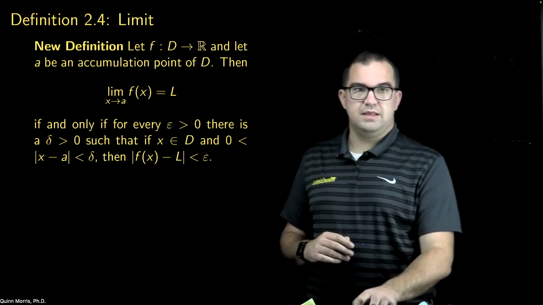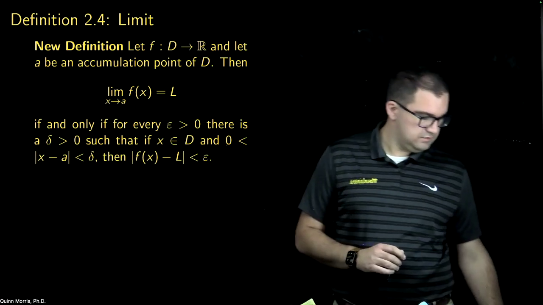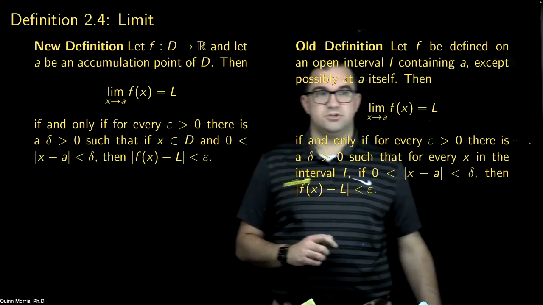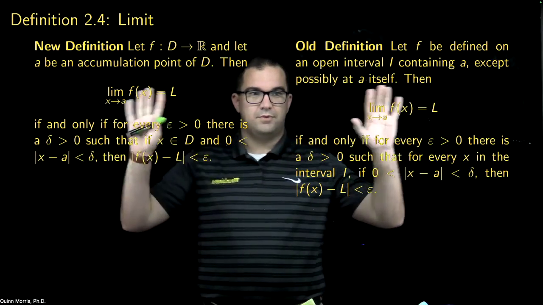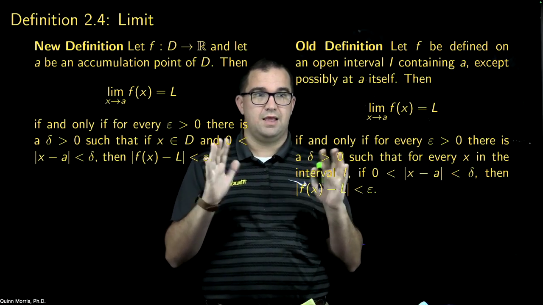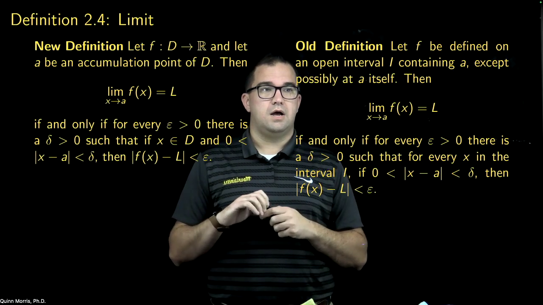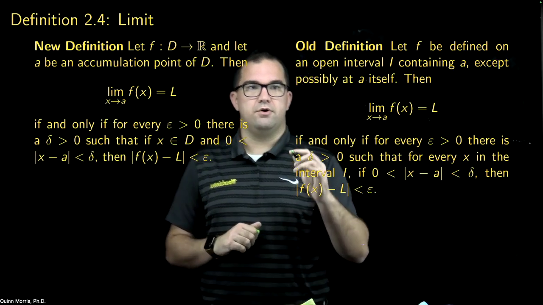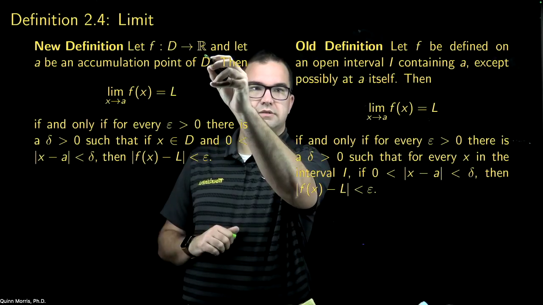So let's compare and contrast this to our old definition. I generally try not to put up things where I'm covered up with text, but I really wanted these two next to each other so we could really highlight what's going on here. So let's first compare these two blocks.